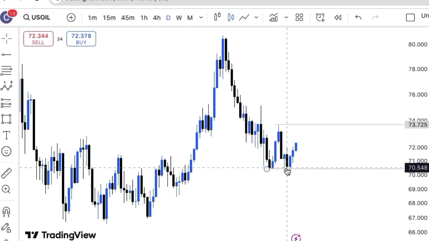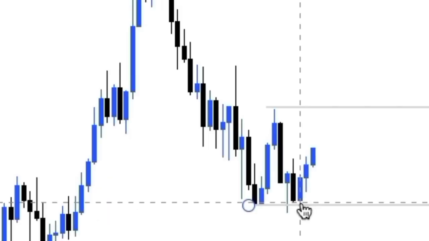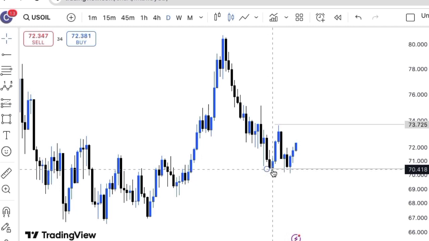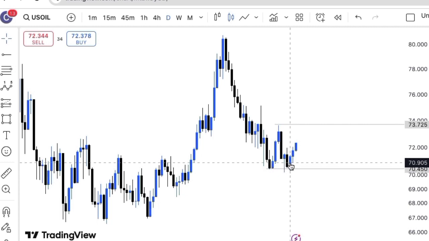So when the market was here, last week over the weekend, I was looking at it, wondering, is it going to break here? Since it did not break here, I hopped into the trade.